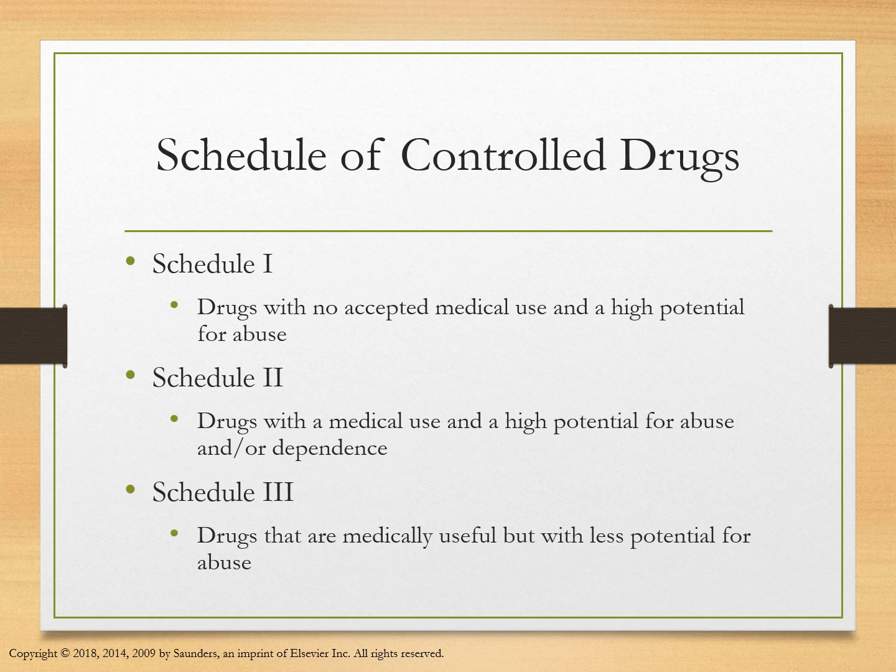So for example, Schedule 1 means that these are drugs that are not accepted by the medical community. We don't prescribe them. We don't use them, okay? We do not utilize these. You will not be administering these. Like, no doctor is going to order ecstasy or heroin, okay, or LSD.